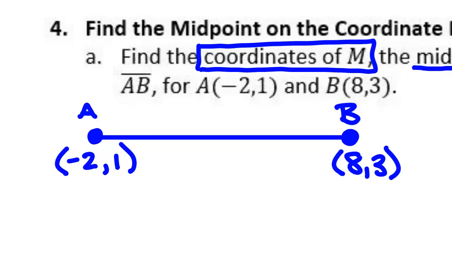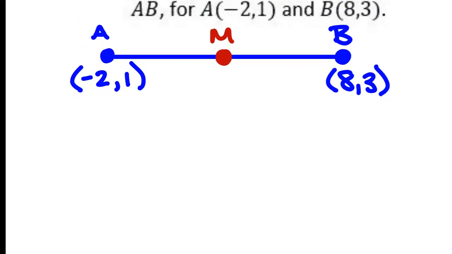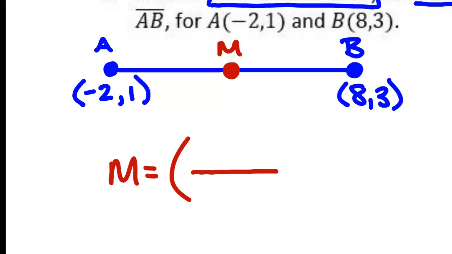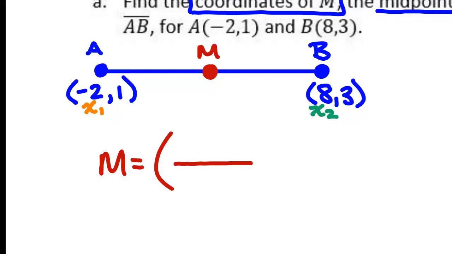We are trying to find the midpoint, point M. So to find M, I have my ordered pair here. We're going to take our x's. Here's my x1, here's my x2, the x from each ordered pair. We're going to take those and add them together.